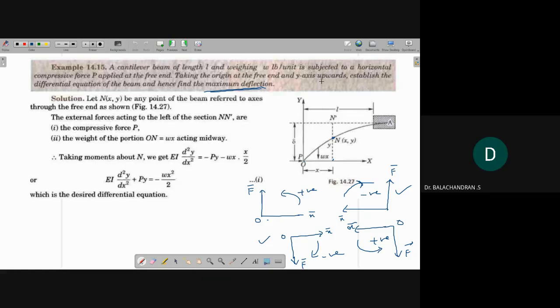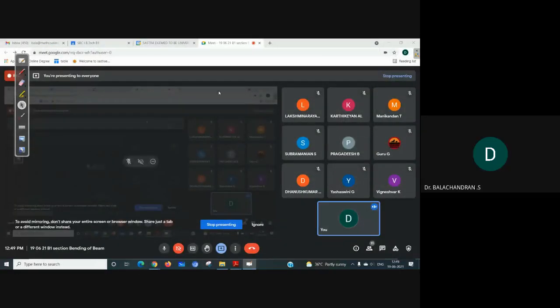But என்னை பொறுத்த வரைக்கும் they will give the differential equation. For safety purpose I gave the problem like this, how to form the differential equation, but maximum they will give the differential. Any other doubts?